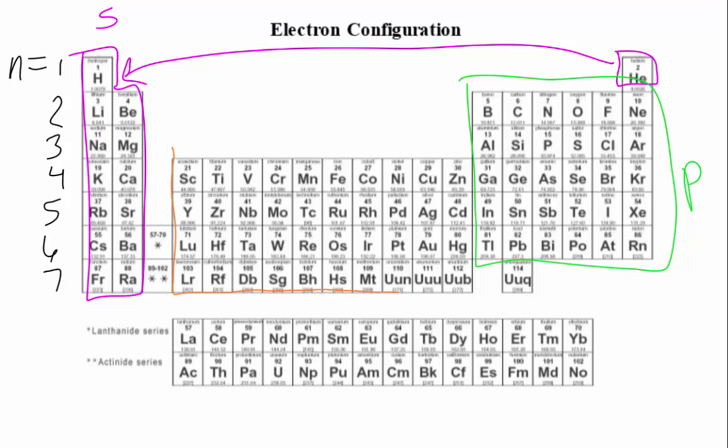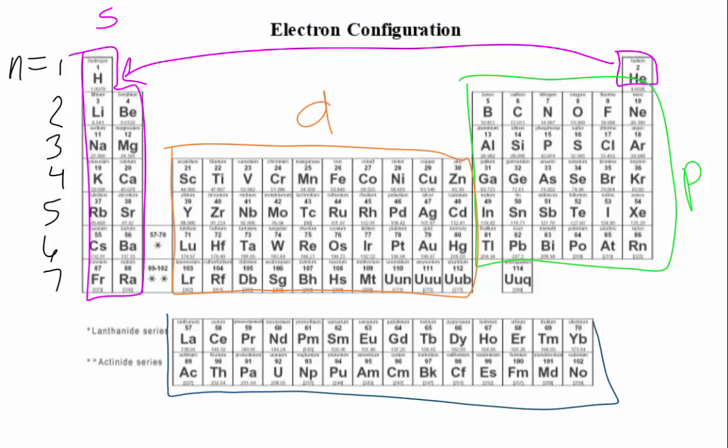The transition metals in the middle represent the D subshell. And the last two rows down here represent the F subshell.